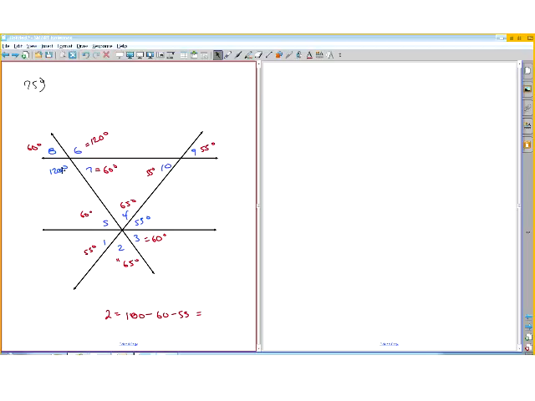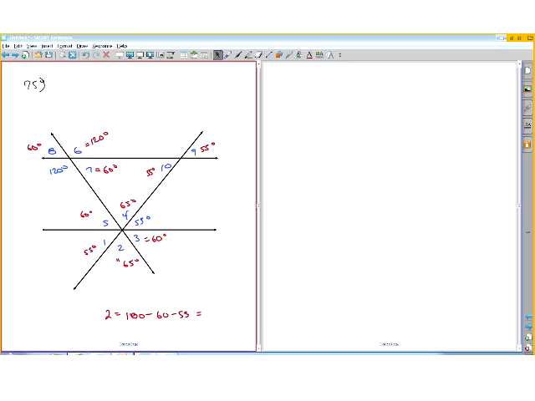So let me review what we did. We knew that these two had to add up to 180 because this is a straight line. We also knew this one has to be 120 because these are two vertical angles, because they have two intersecting lines. So this is 120. And likewise, 8 and 7 are vertical angles, so this is 60.